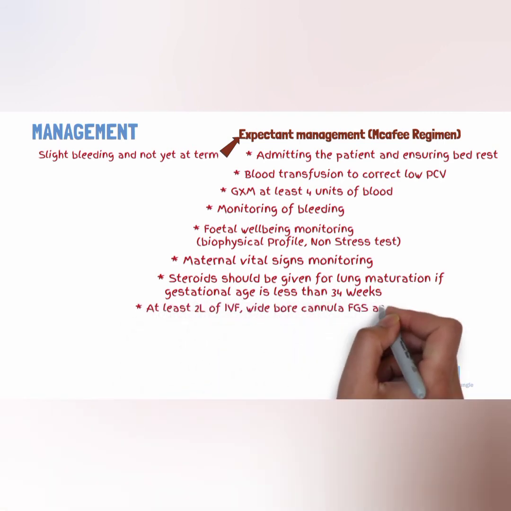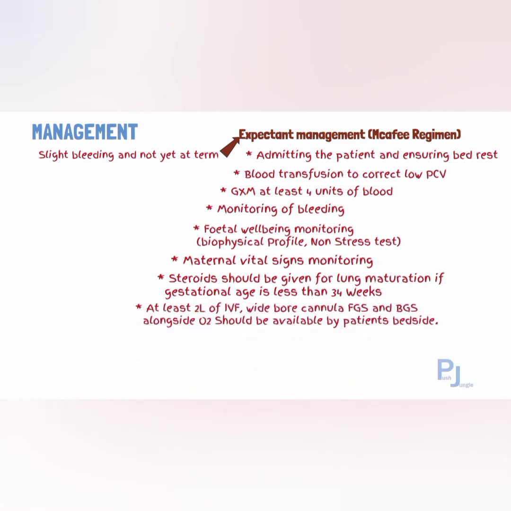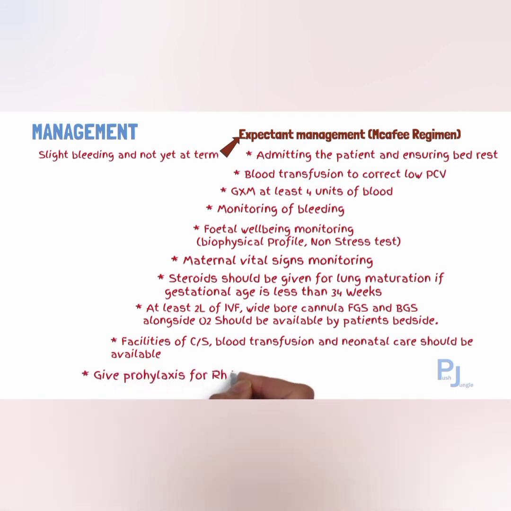At least 2 liters of intravenous fluid, wide bore cannula, fluid and blood giving sets alongside oxygen should be available by patient's bedside in case of emergency. Facilities for cesarean section, blood transfusion, and neonatal care should be available. Lastly, give prophylaxis for rhesus isoimmunization where indicated.